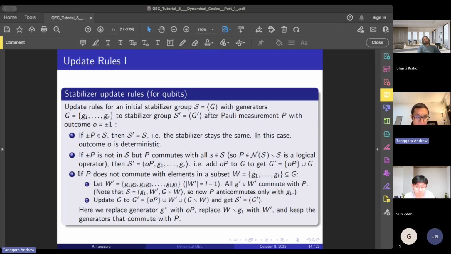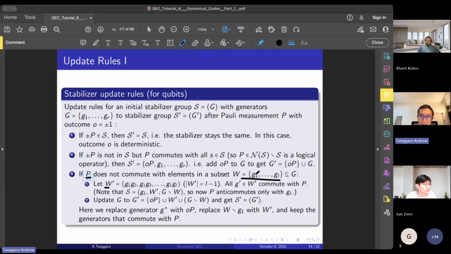And this last step three is basically a generalization of what we've seen in this 4-qubit surface code switching. So if this measurement P does not commute with this bunch of generators, then I'm going to define this new set, right?